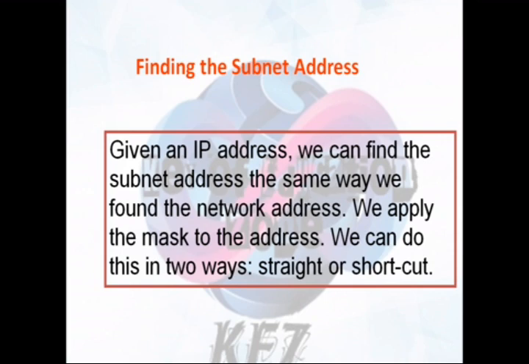So what is a subnet? Given an IP address, we can find the subnet address the same way we found the network address. Here we apply the mask of the address.